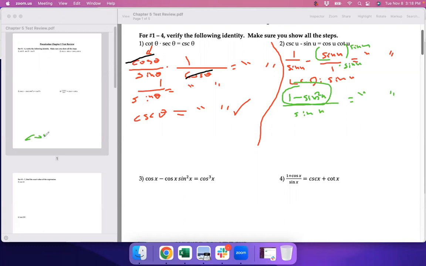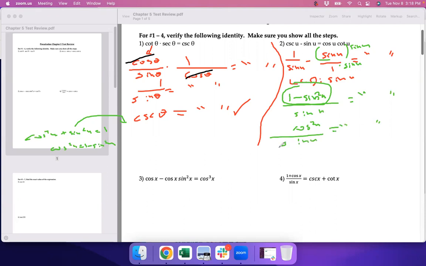Now, hopefully you recognize that this is another identity. Remember, cosine squared plus sine squared equals 1. And if you move the sine squared over to the other side, then cosine squared u equals 1 minus sine squared u. So you can make that cosine squared u over sine u.